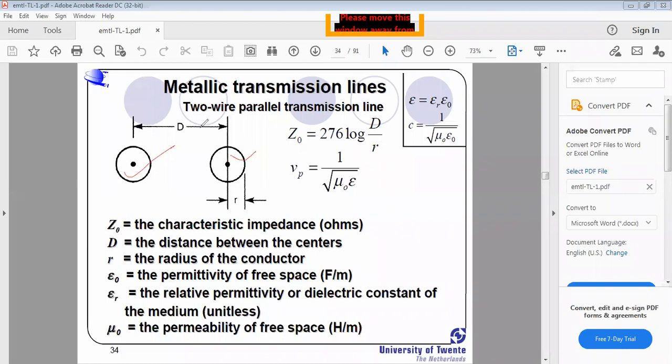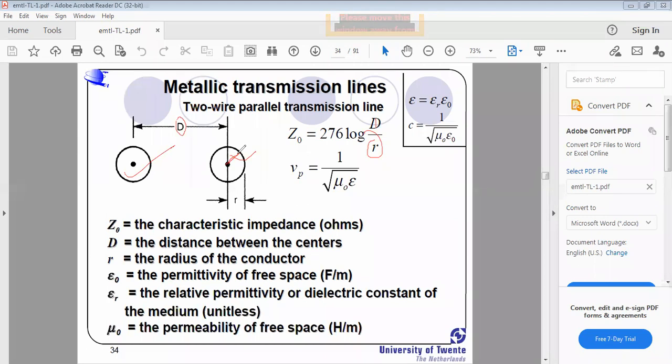These two wires are spaced apart some distance d. For that two-wire parallel transmission line, the characteristic impedance Z0 is 276 into log of d by r, where d is the separation between the two wires, and r is the radius of a single wire.